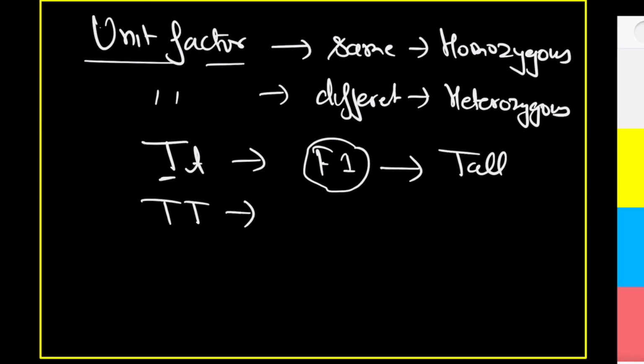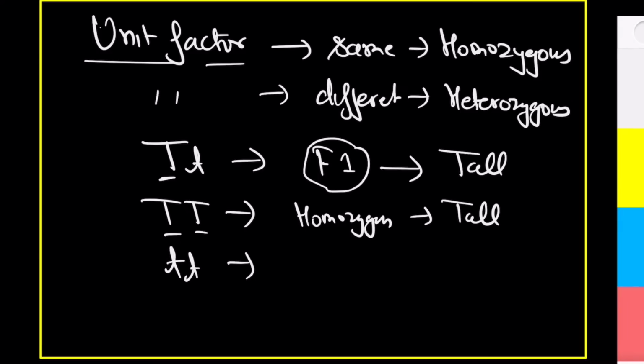Now you see another situation, capital T, capital T, when both the factors are homozygous. Here the dominant factor is present, so you are going to see the phenotype tall.